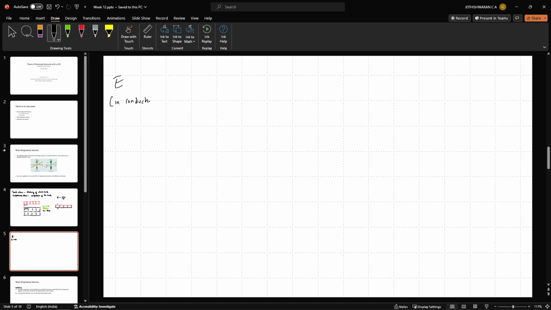When I mean in the conduction band, what should be understood is this E is equivalent to E minus EC, and that can be written as h bar squared (Kx minus Kx naught) whole squared by 2 m star plus h bar squared (ky minus ky naught) whole squared by 2 m star.